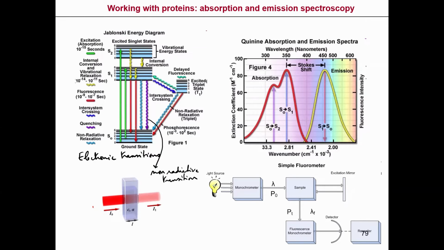When a molecule is excited by light, it absorbs the light and goes from the ground state to the excited state, the green arrow, and afterwards it goes back to the ground state in two ways.